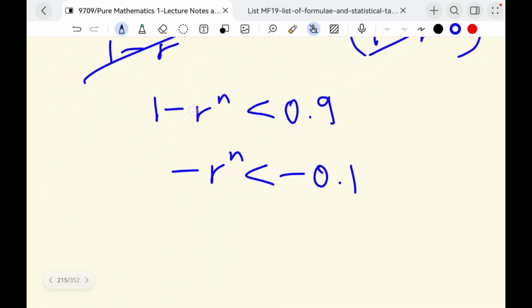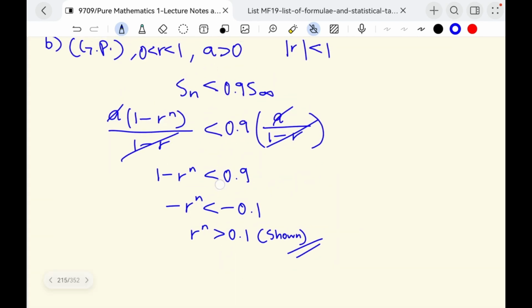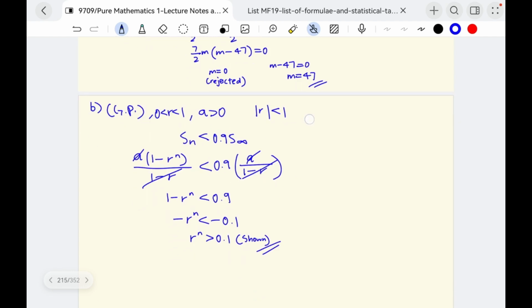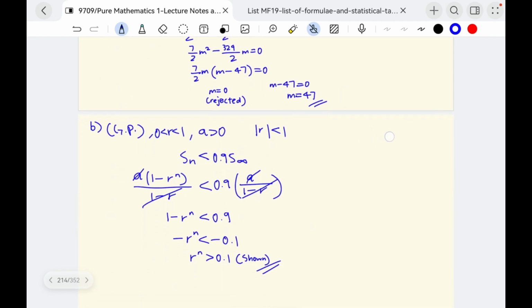Okay, and when you cancel the negative, you must switch the sign of the inequality, without the equal sign. So r to the power of n is greater than 0.1, therefore shown. Okay? So we have ended the discussion of this question.